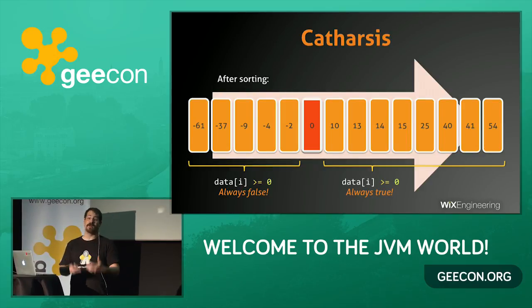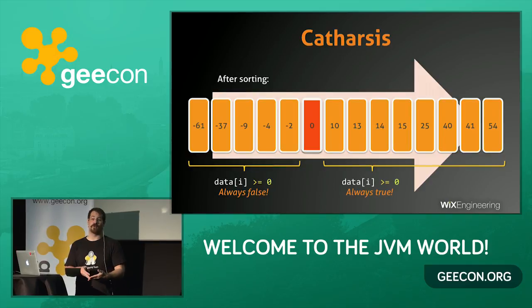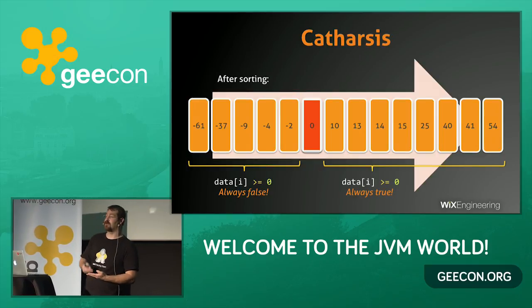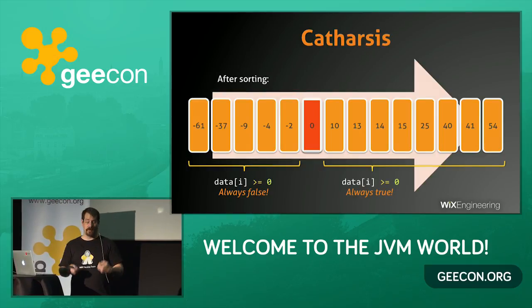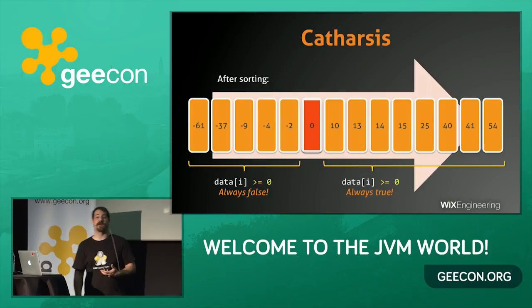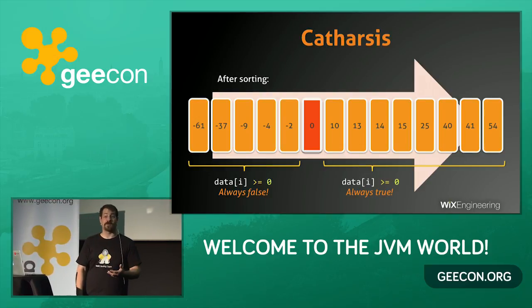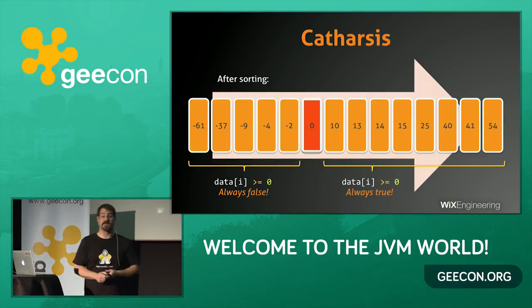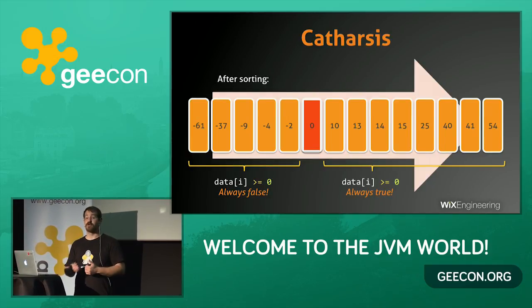However many elements turned out to be less than 0, i.e. the condition evaluated to false, I can now speculatively guess with pretty high confidence that it's always going to be false. And it is indeed always false until you reach this 0. And then suddenly it becomes true, right?